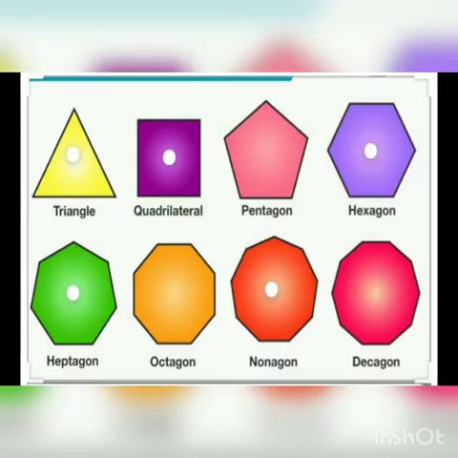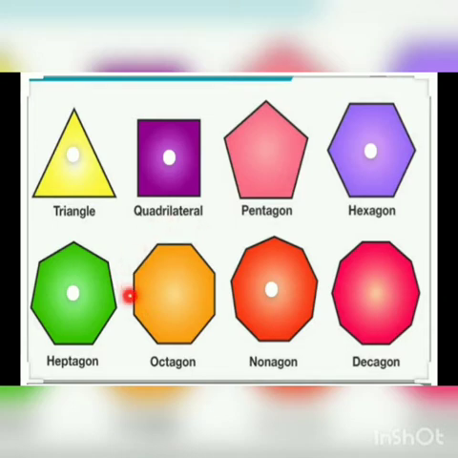Clear? So these are some general polygons. Three-sided triangle, four-sided quadrilateral, five-sided pentagon, six-sided hexagon, seven-sided heptagon. You are not studying heptagon this year, but just for your information I am saying.